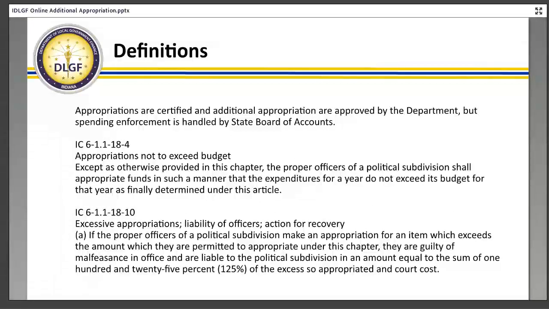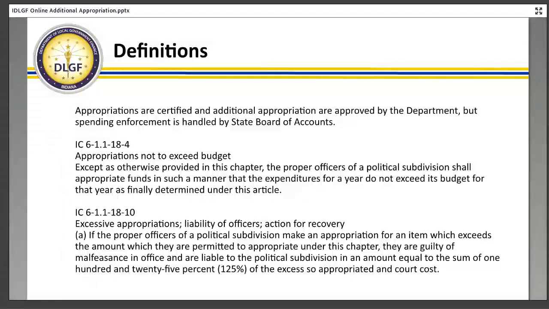All right. So before we switch to an overview of the current process, there's one more piece of information I want to share in this particular section, and that is that while the department is responsible for the certification of budgets and the review and approval of additional appropriations, it is the State Board of Accounts that has the statutory responsibility to ensure that units are not overspending their appropriations.